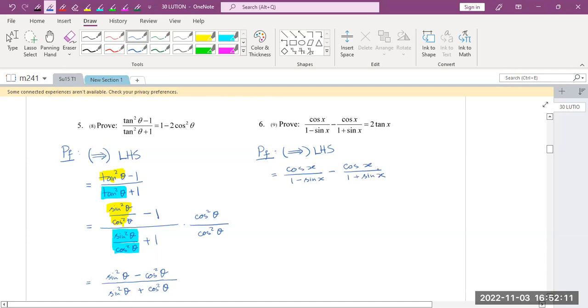Now from here, you see, we don't have a common denominator. To have a common denominator, the LCD is 1 minus sine x times 1 plus sine x. That's the LCD.